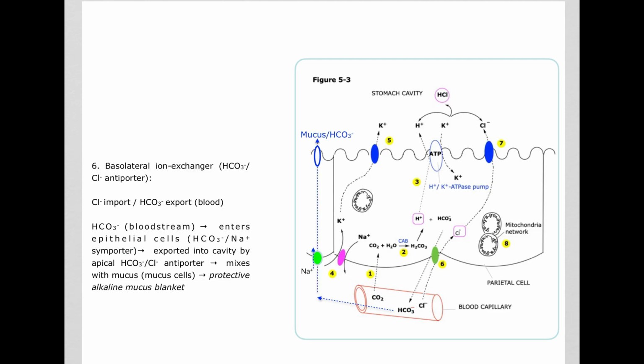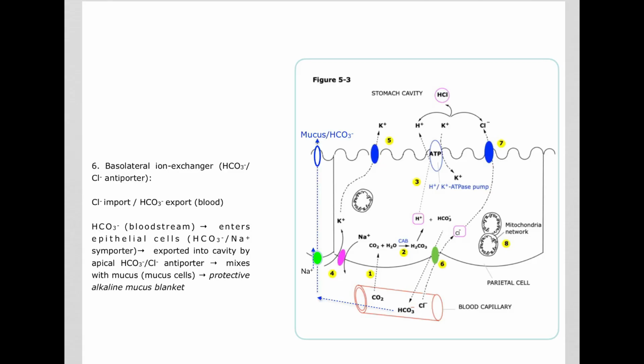This bicarbonate that is brought into the cytoplasm of the epithelial cell is then exported into the stomach cavity by a bicarbonate chloride antiporter. So this transport protein will send bicarbonate out in exchange for chloride, which comes into the cytoplasm from the cavity.